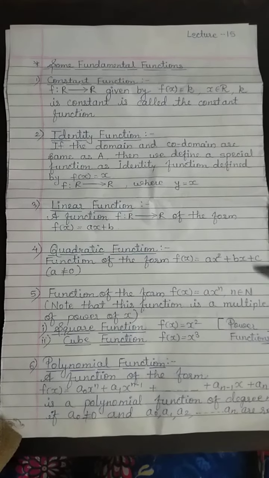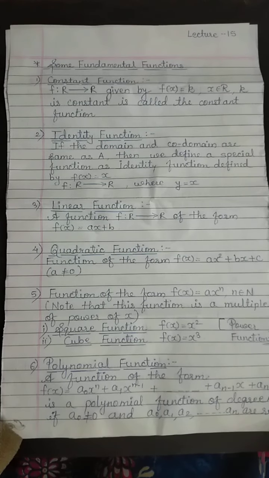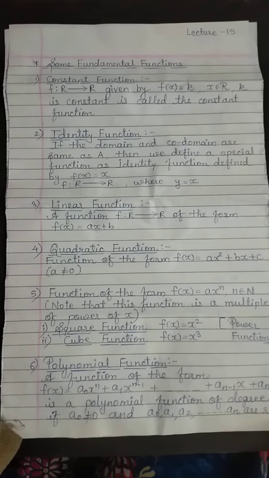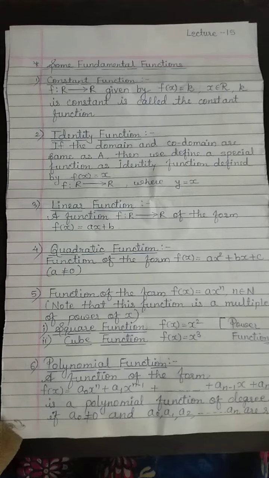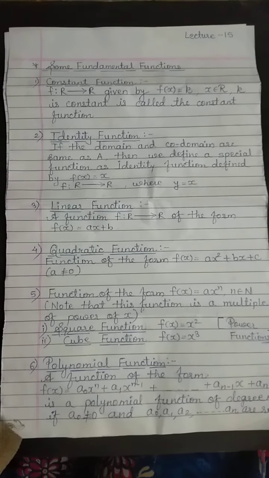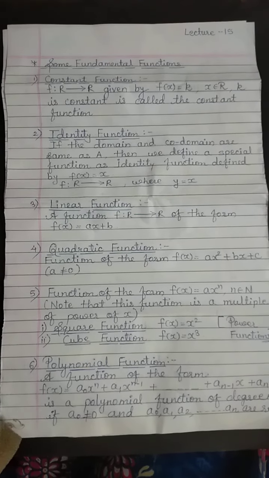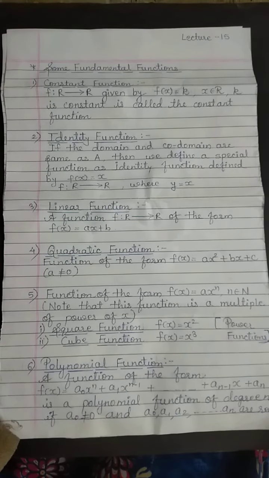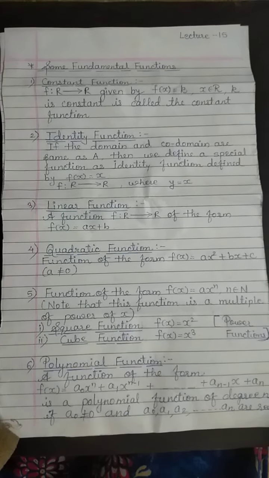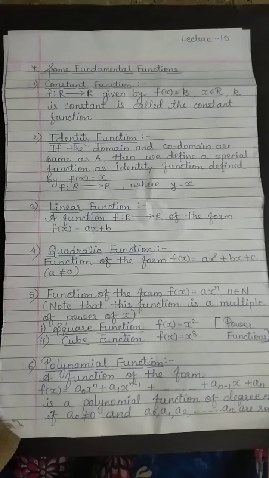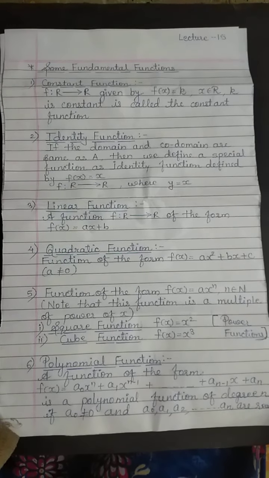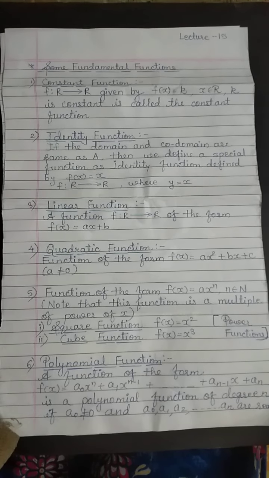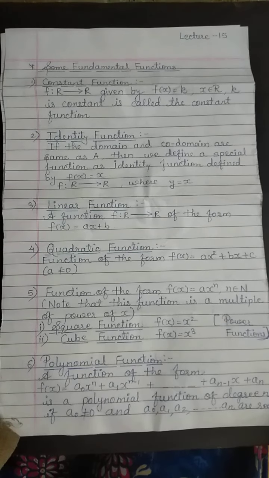Now next is the function of the form f of x is equal to ax raised to n, where n belongs to natural number. Note that this function is a multiple of power of x. So if we consider the power of x as 2, then the function is called as square function.